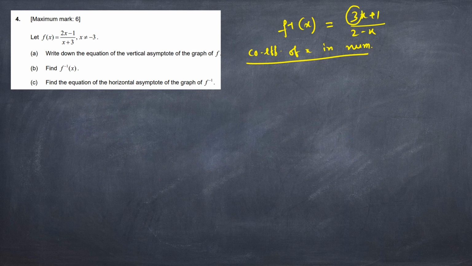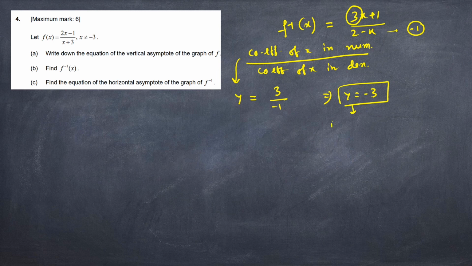Here the coefficient of x in the numerator is 3 and in the denominator is minus 1. Writing in y equals format, y equals minus 3 is the horizontal asymptote.